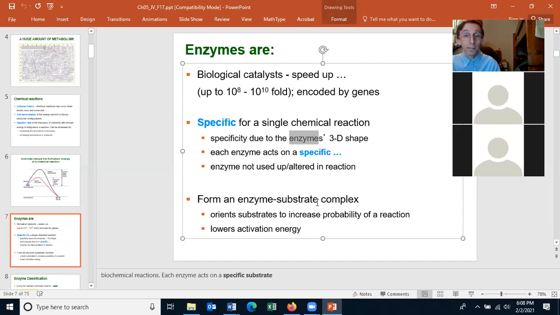And that complex is what's putting the stresses on the chemical bonds of the substrate to change it into the product. So the enzyme substrate complex orients the substrate to increase the probability of the reaction occurring, lowering the activation energy of the reaction. All right, any question about any of that?